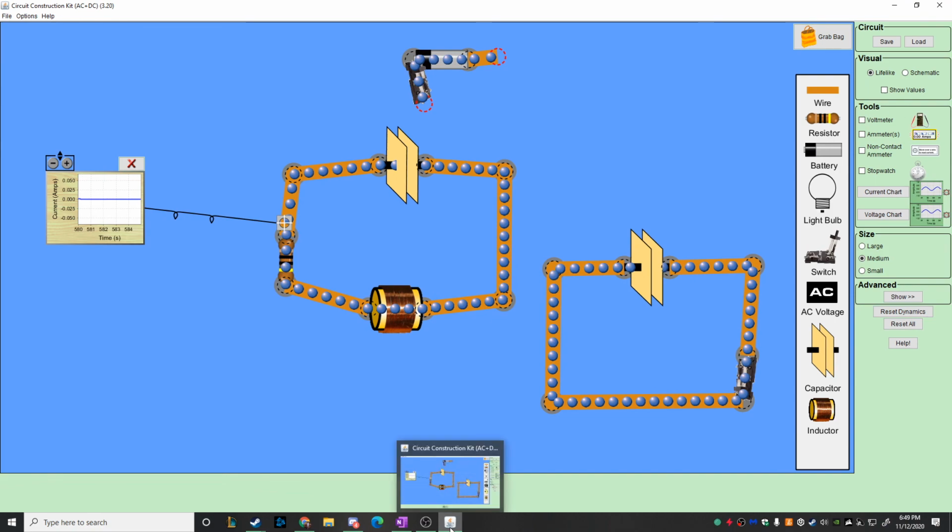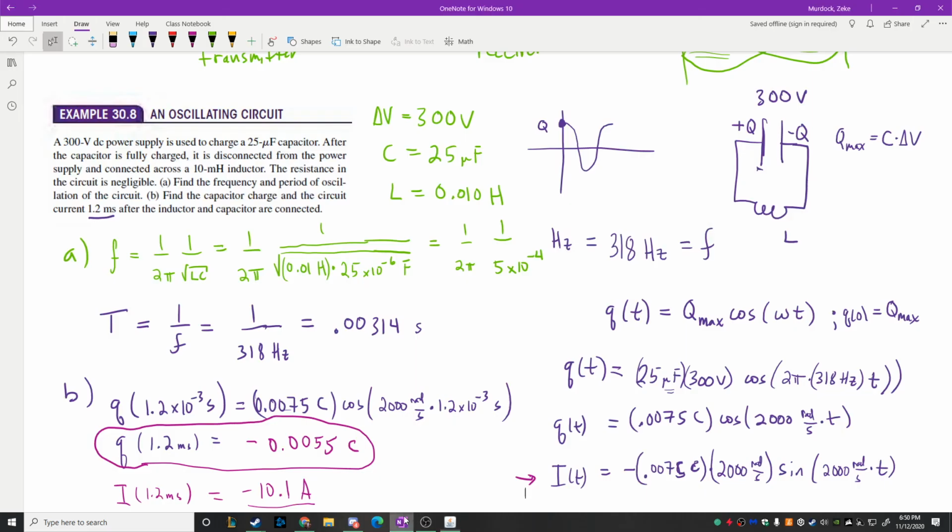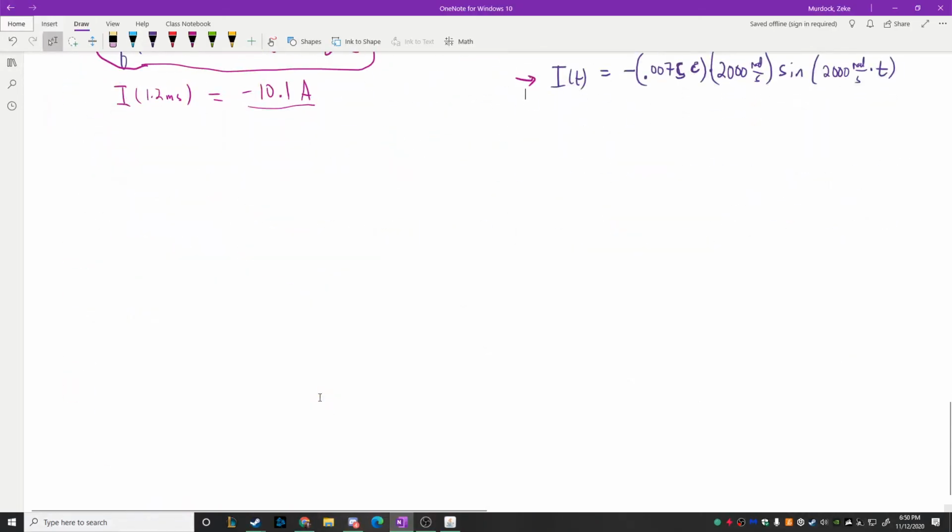Right? So if we want to think about how that's happening on this page over here, when we connect up an LRC circuit, you have resistor, inductor, capacitor, R, L, C. And again, this is a circuit where the only source of energy that we're going to work with to start off is that we start off with the capacitor charged.